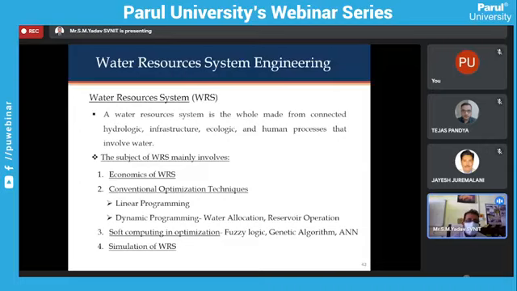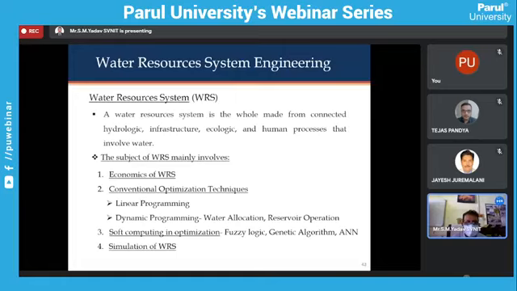This type of study is carried out by the water resources engineer in water resources system engineering, and he can guide through systematic calculations which one to choose out of the various alternatives available for a particular proposal.